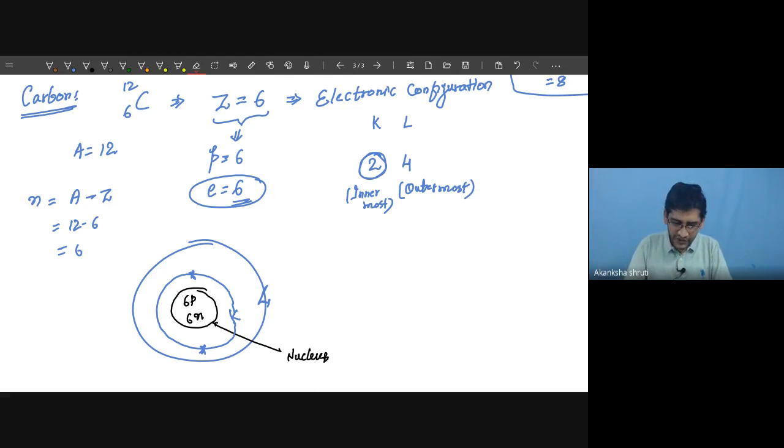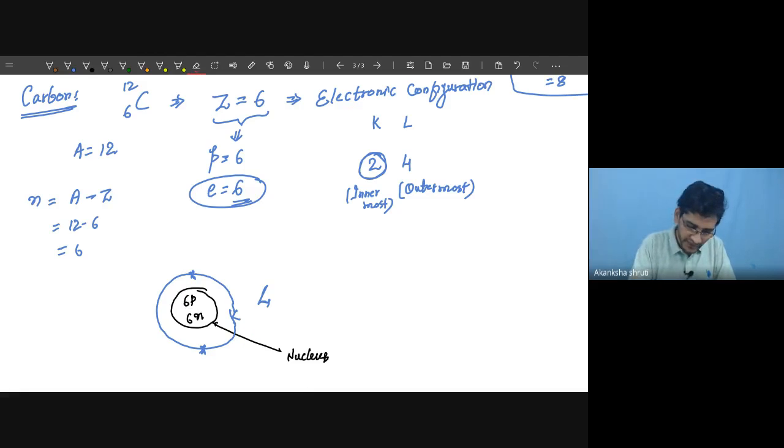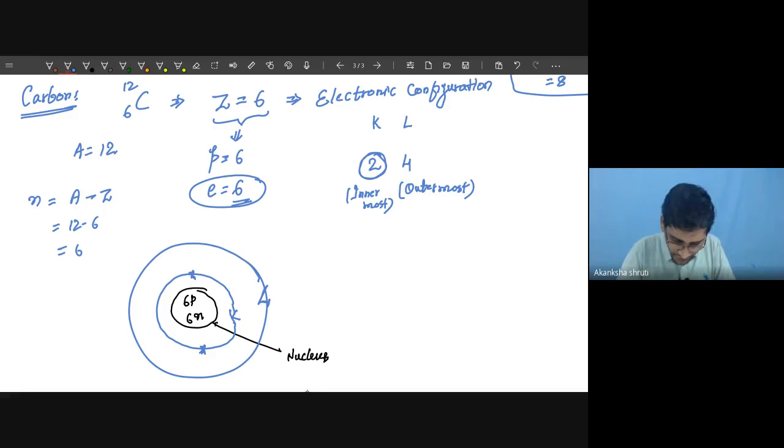Another one is the 4. That 4 has to be placed in this L orbit, which is the other orbit. Let me place the first one here, the second one here, the third one here, and the fourth one here. So this is the outermost orbit.